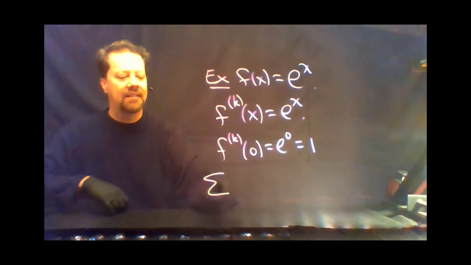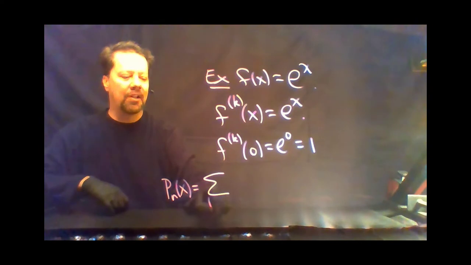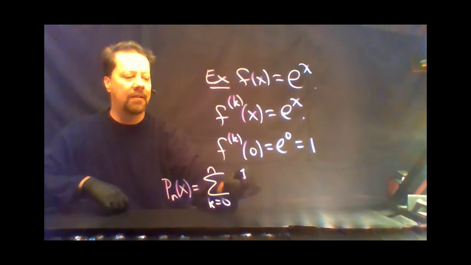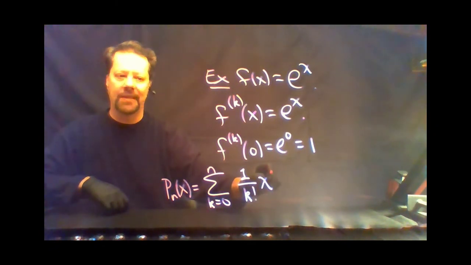Remember that the nth order Maclaurin polynomial was the sum as k goes from 0 to n of the kth derivative evaluated at 0, which will be 1, divided by k factorial, x minus 0 in this case because we're dealing with a Maclaurin polynomial, to the power k.